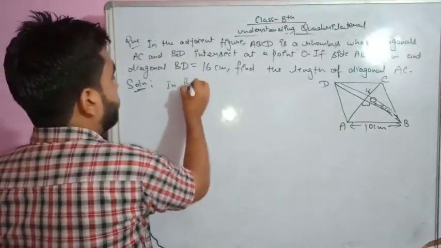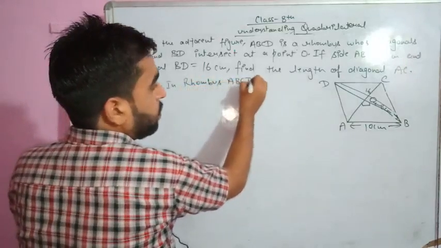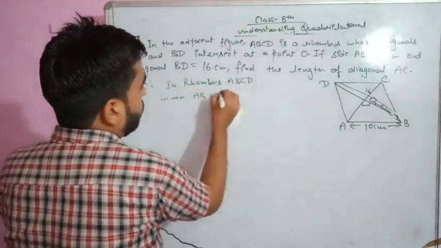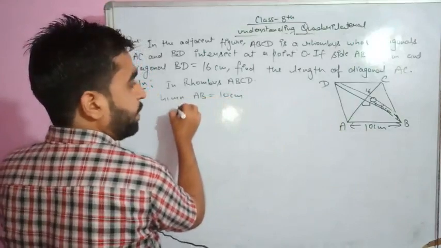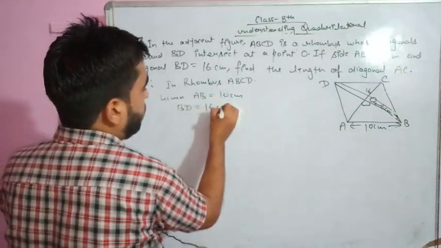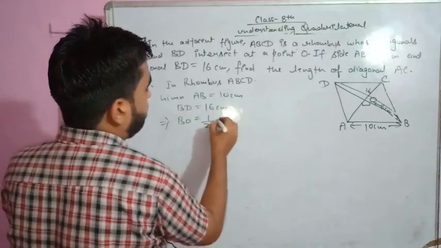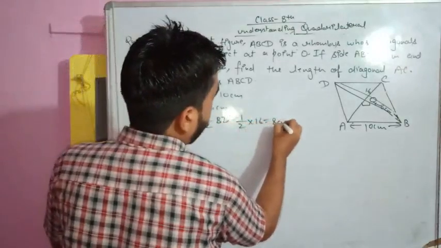In rhombus ABCD, given AB is equal to 10 centimeter, and then we will mention that BD is 16 centimeter. Then BO is equal to half of BD, so 1/2 into 16, this will be 8 centimeter.